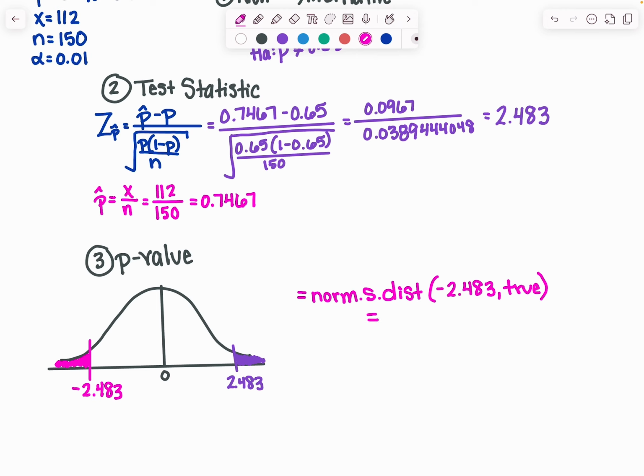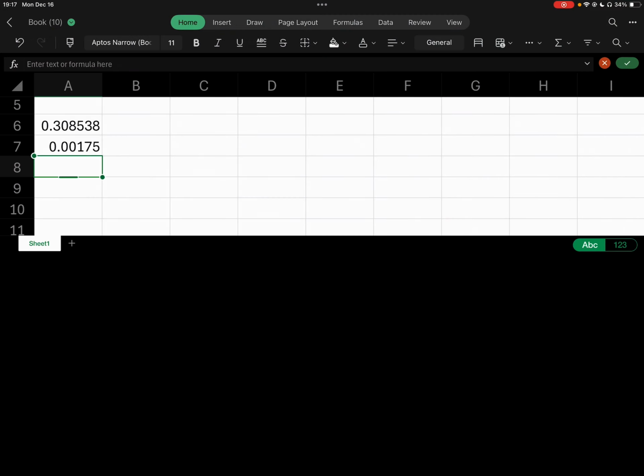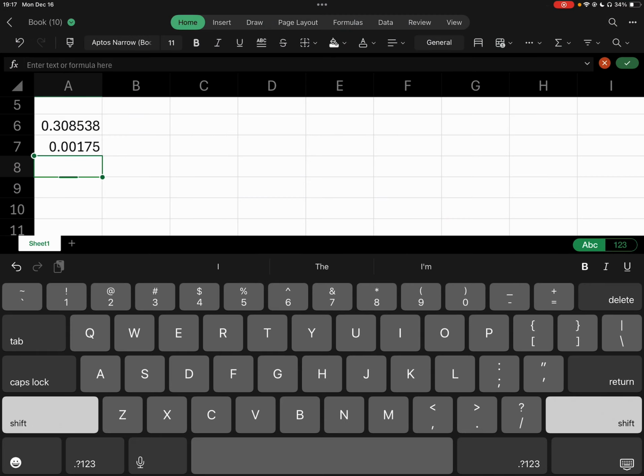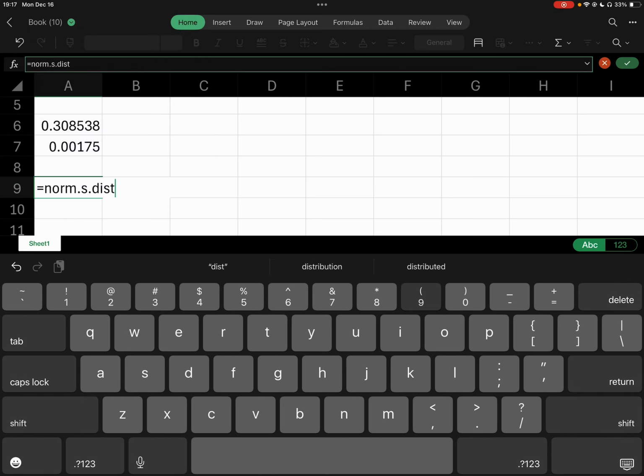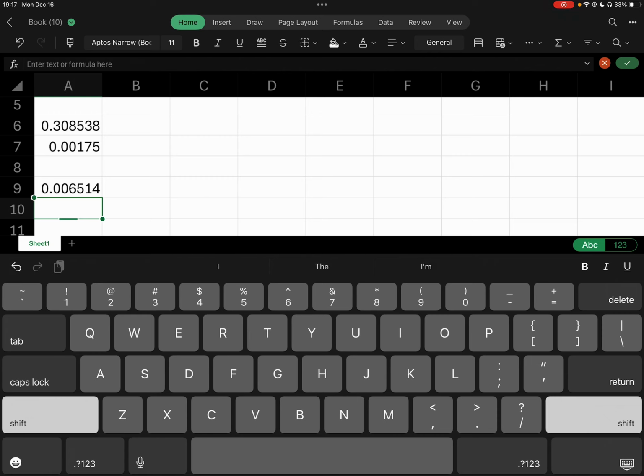So let's take a look at what that gives us. I'm going to go down a box. So equals norm.s.dist of negative 2.483, comma, true. And I hit enter and I get 0.006514.